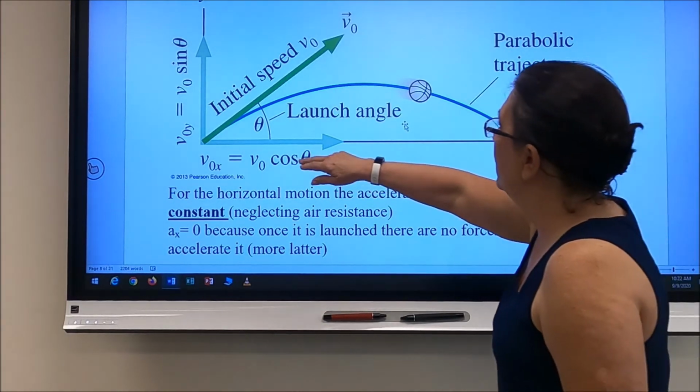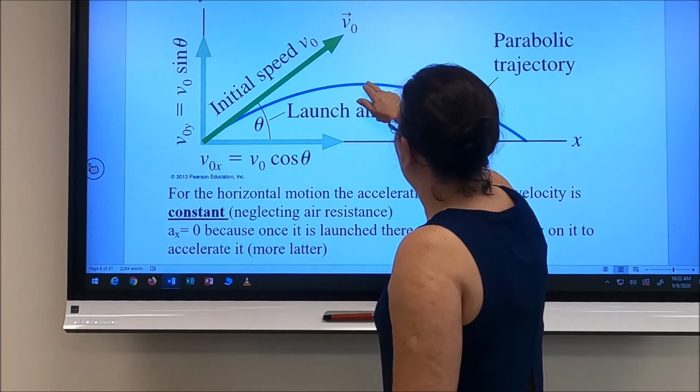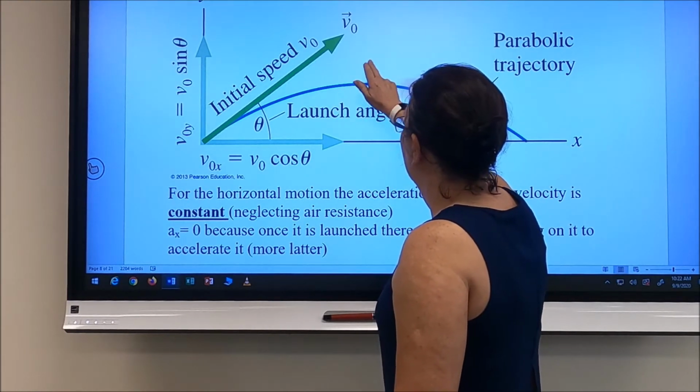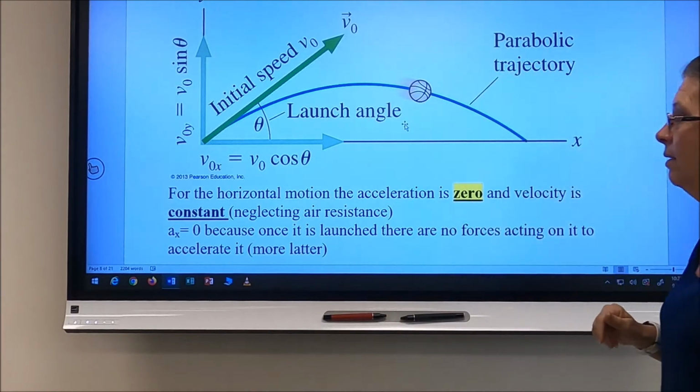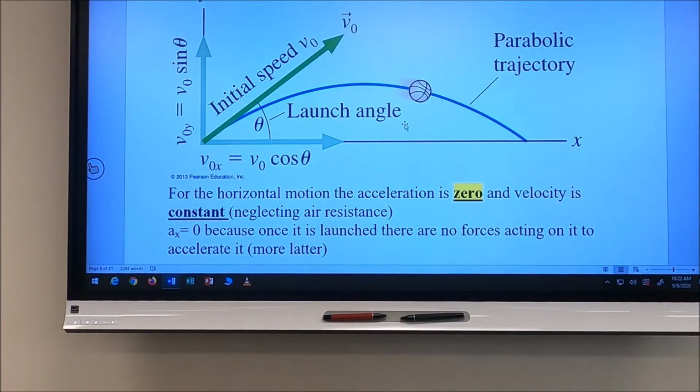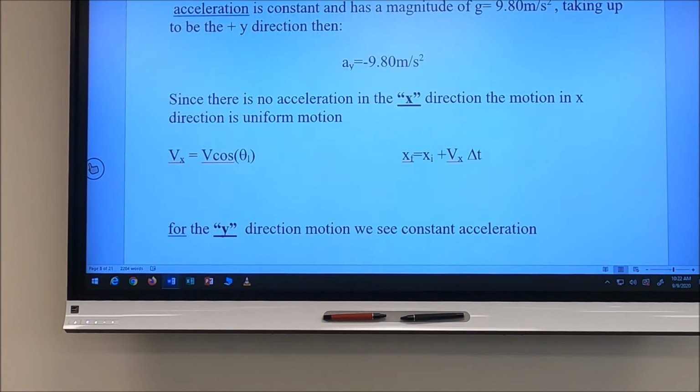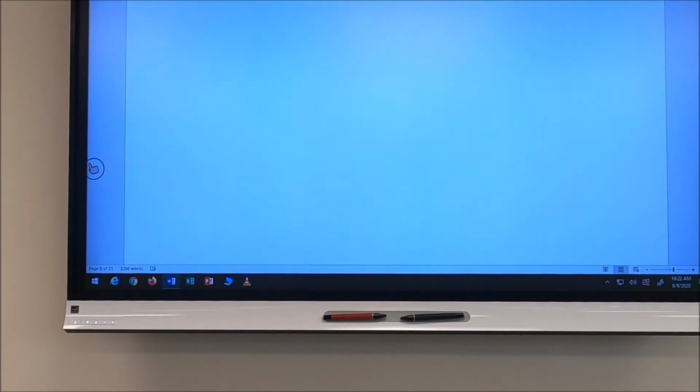We know this because notice it has a turning point here where it stops going up and starts coming down. The horizontal motion has an acceleration of 0. The vertical motion has an acceleration of minus g, minus 9.80 meters per second squared.